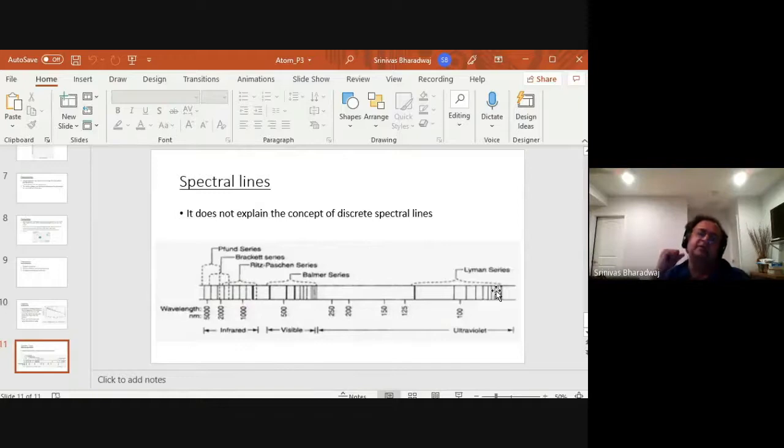What is that hc over lambda? Why is that lambda fixed? The change in energy is hc over lambda. To explain that, they needed to introduce this other idea called quantization, and quantum theory, into the atomic model.